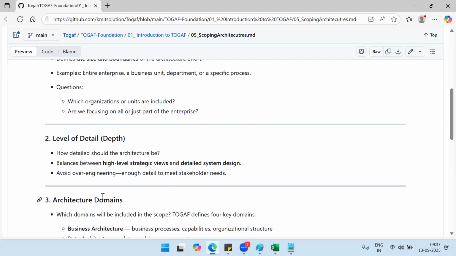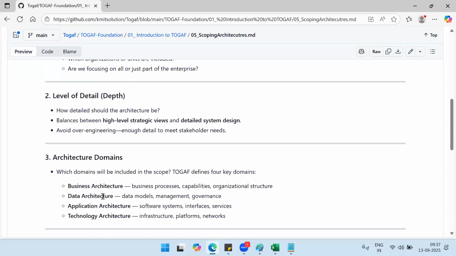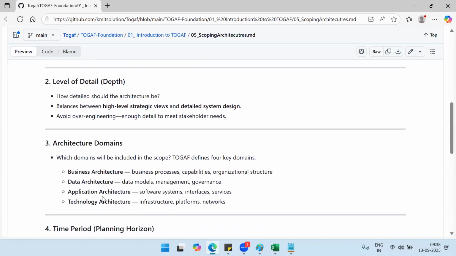Are we focusing on all or just a part of the enterprise? Then level of detail: how detailed should the architecture be? Balance between the high level strategic view and the detailed system design. Avoid over engineering, with enough details to meet the stakeholder needs.